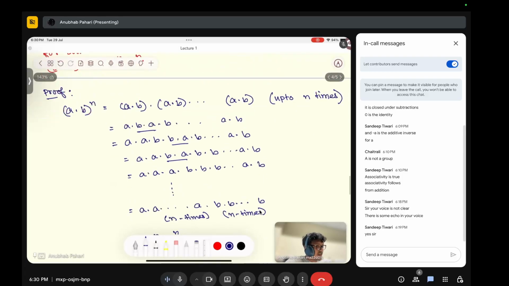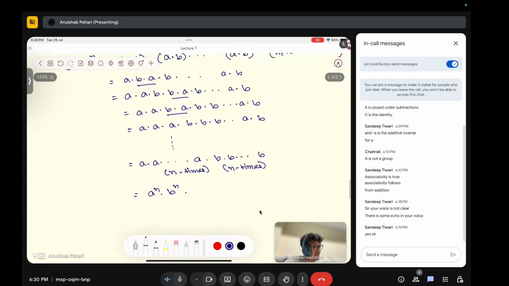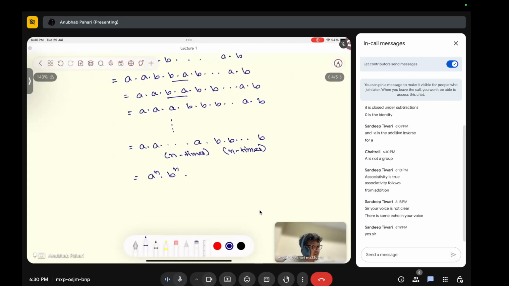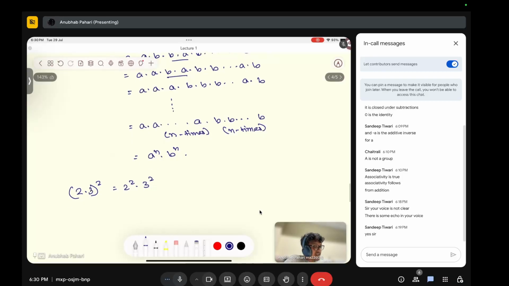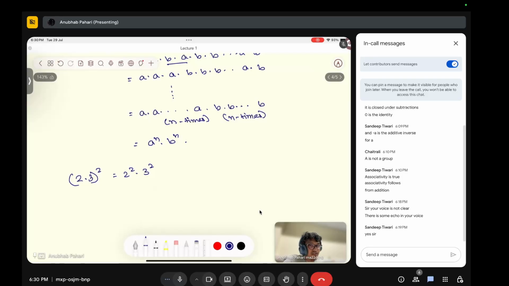So you see that what we have been learning from our childhood, that if you are given two integers and their powers, it should be like (2 dot 3) squared is 2 squared times 3 squared. When you learn this in a more generalized way, you see that this is not always the case. The things we have taken for granted in mathematics till now are not always so, because there are certain groups.